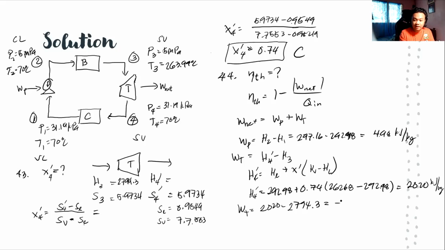That's negative 774.3 kilojoules per kilogram. And then if you get the network, 774.3 plus 4.98, you will get negative 769.32 kilojoules per kilogram.